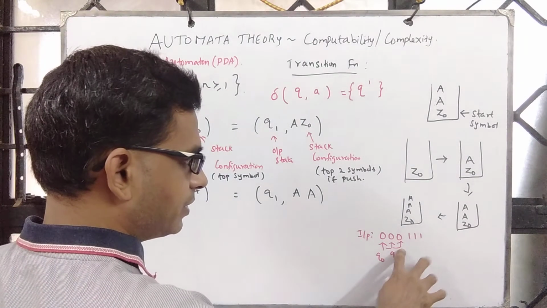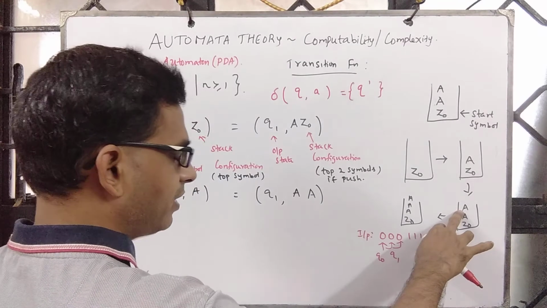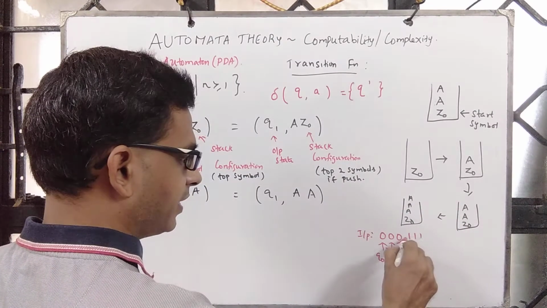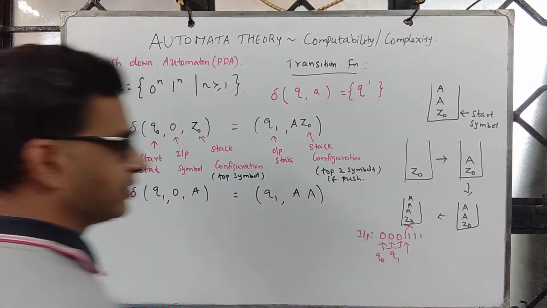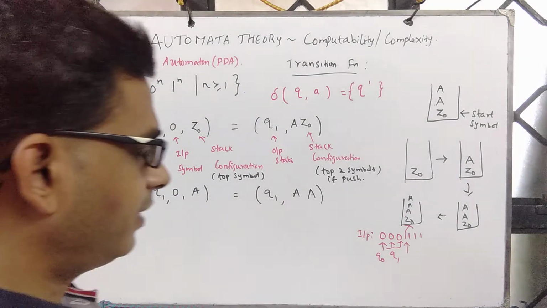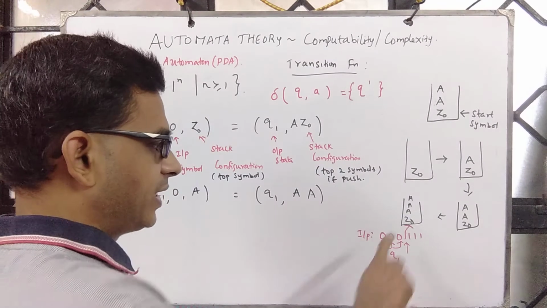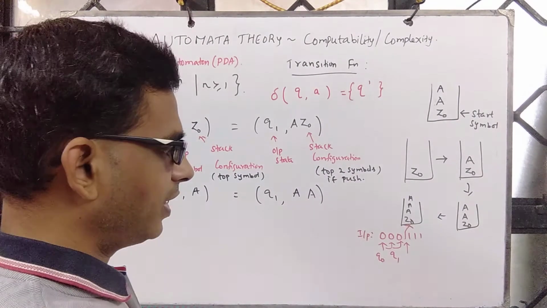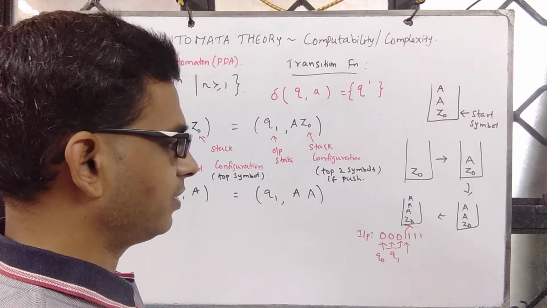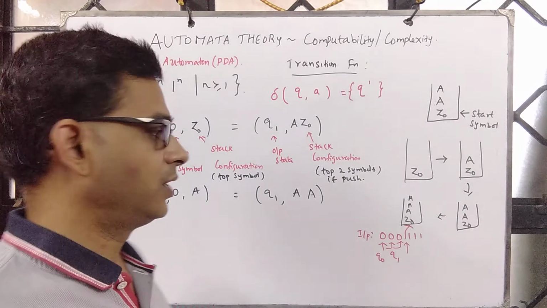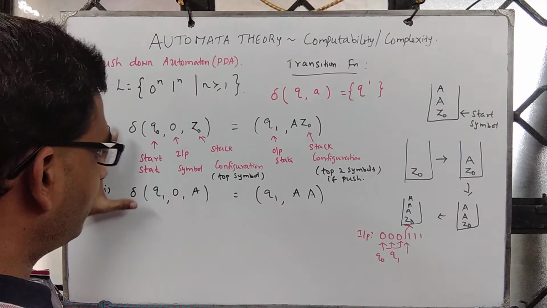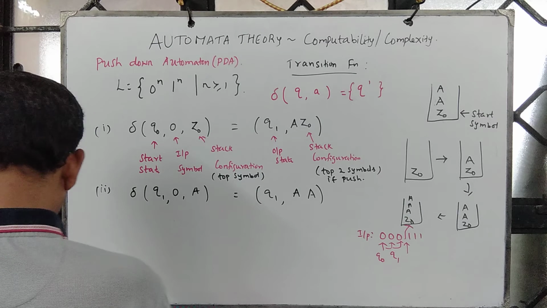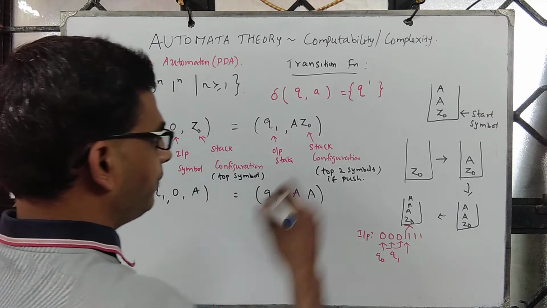We read the next 0, the top symbol is A, and we push one more A. So at this point, the stack configuration is precisely this. Having read 3 zeros, the stack is Z0 followed by three A's, and the ones are still on the input tape.